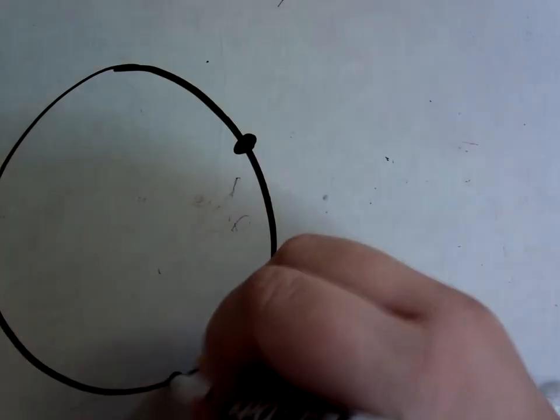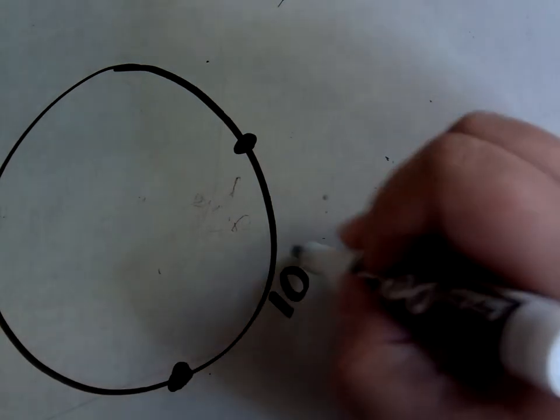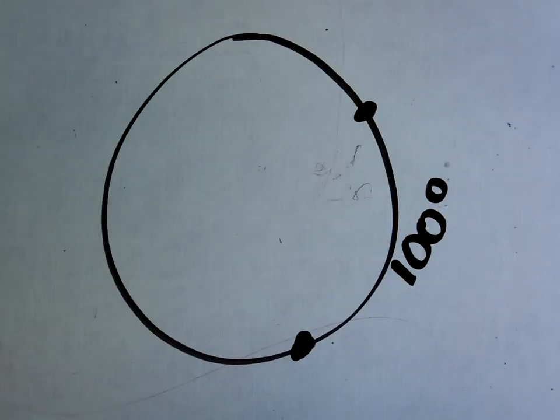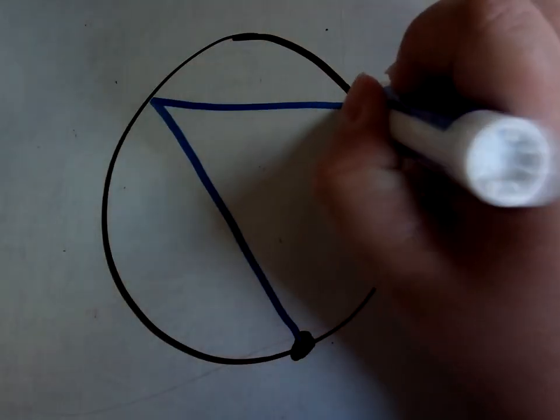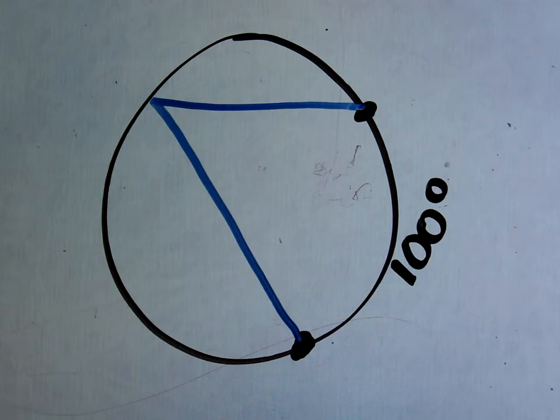Okay, if I have a circle, and let's say that in my circle I have an arc of 100 degrees. If I draw an angle that intercepts that arc, that would be half of 100 degrees.